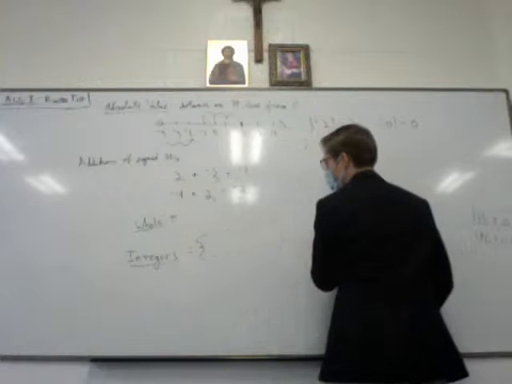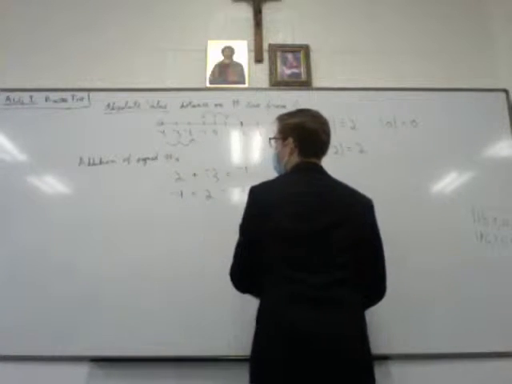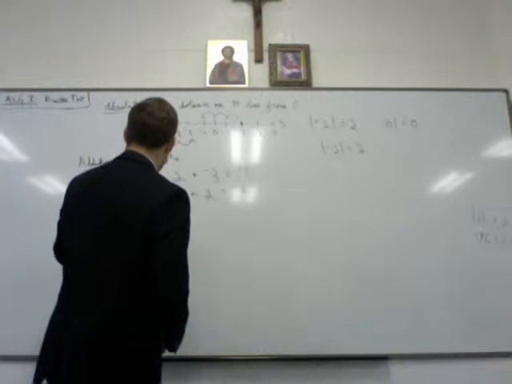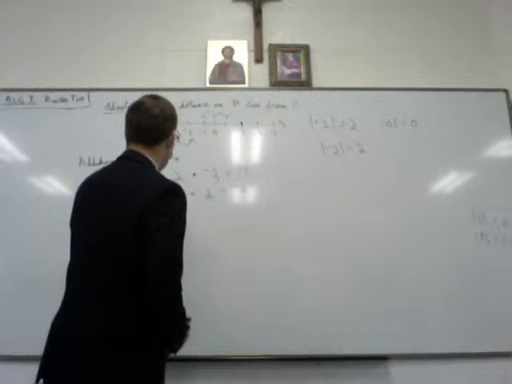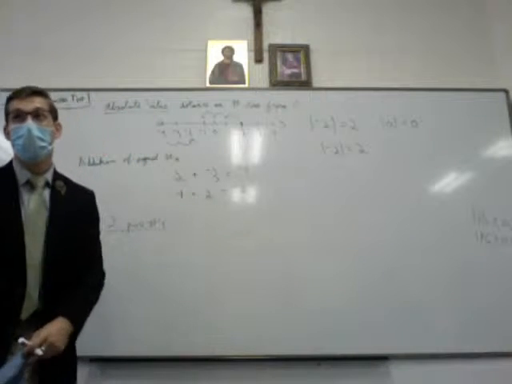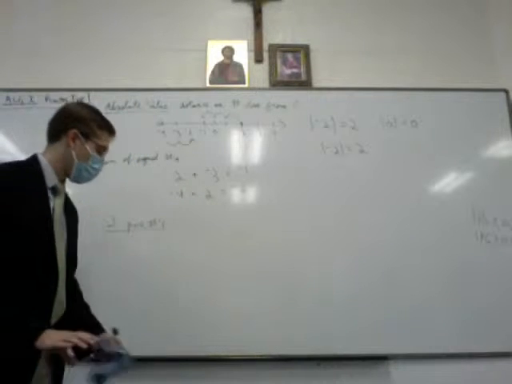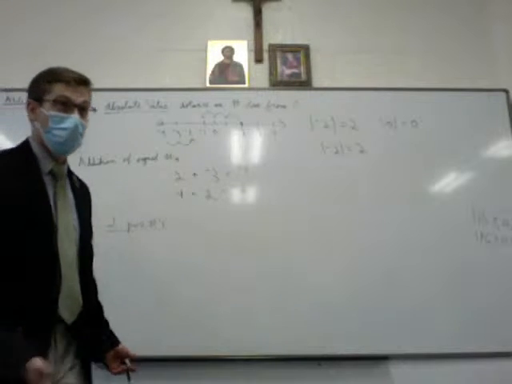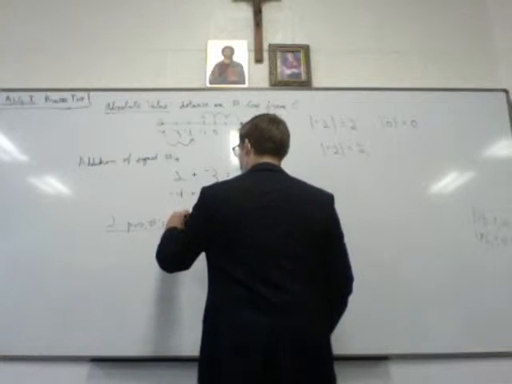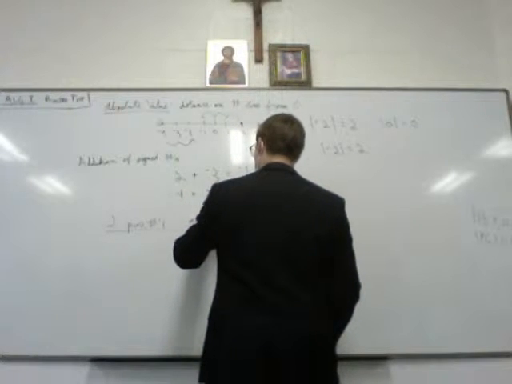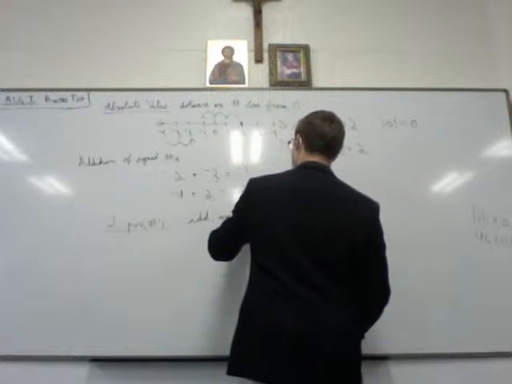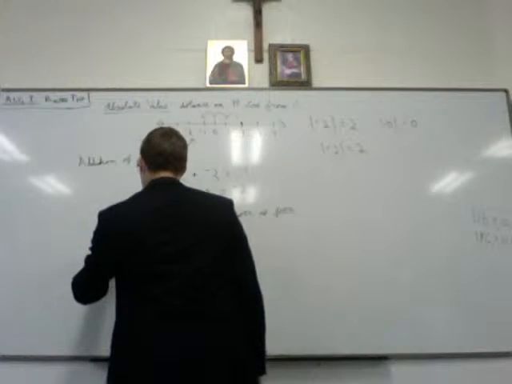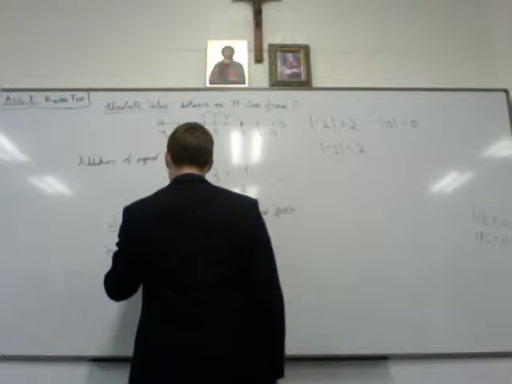There are three possible situations we can deal with here. I'll just run through each of them quickly. If we've got two positive numbers that we want to add together, what do we do? How do we do 2 plus 4? Yeah, we add them together, and our answer is going to be what? Positive or negative? Answer is positive. If we've got two negative numbers, what do we do?